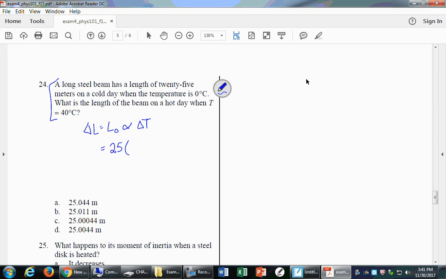This is steel. I think it's 11 times 10 to the minus 6. Is that right for steel? And then delta T is 40 degrees Celsius. Anybody confirm that?